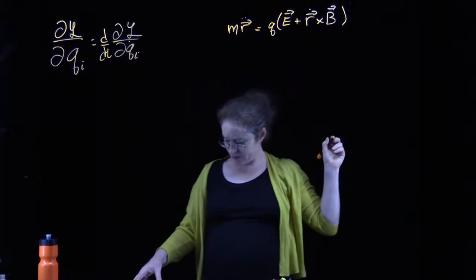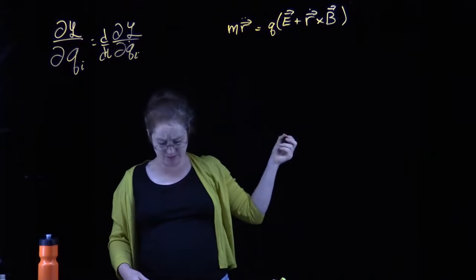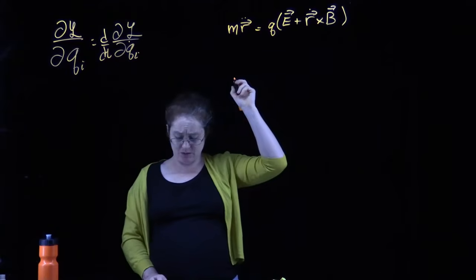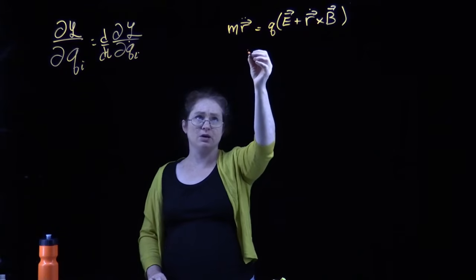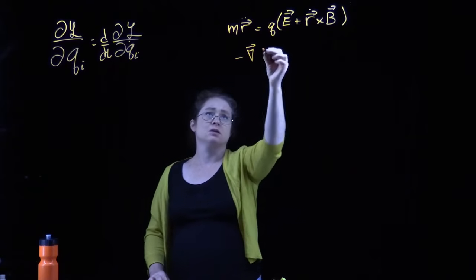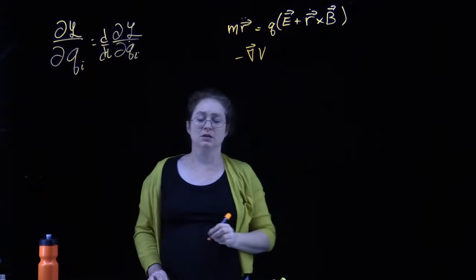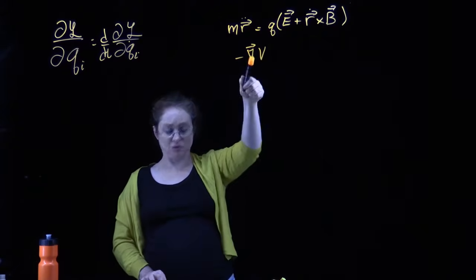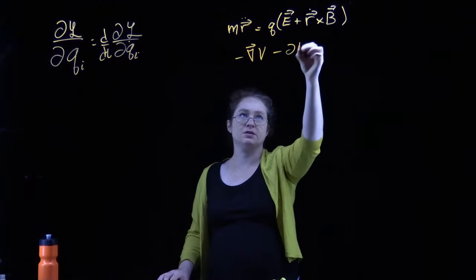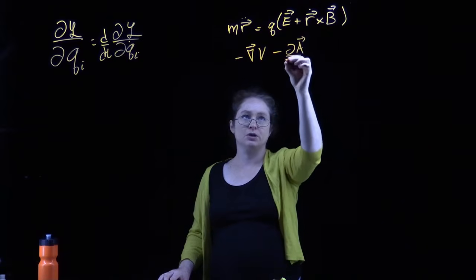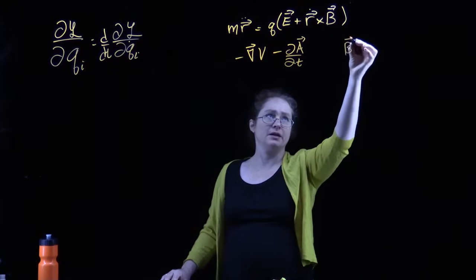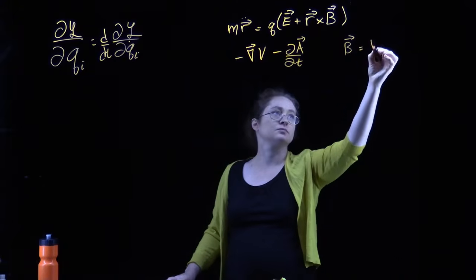We're going to note that we have a vector, so our net field, we can write our net field as the negative gradient of the potential minus partial A, partial t, where A is the vector field.